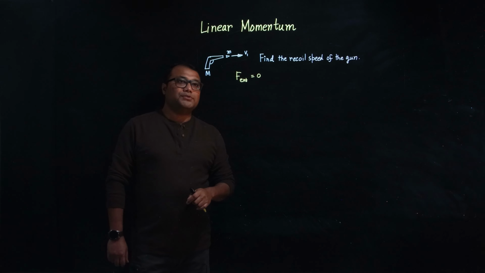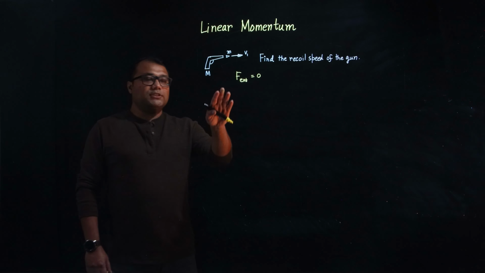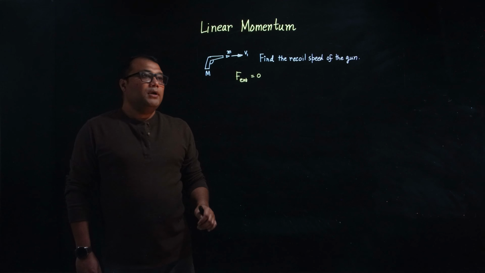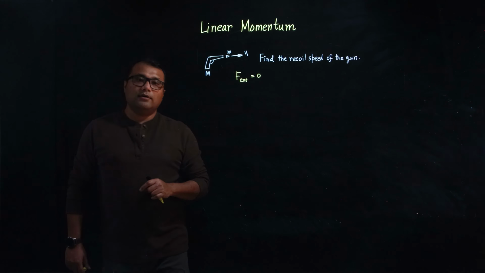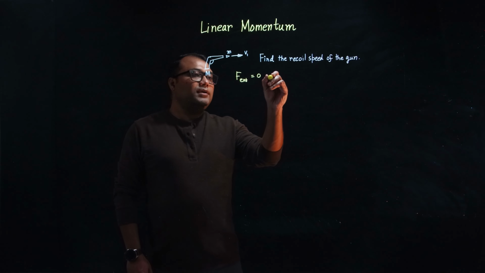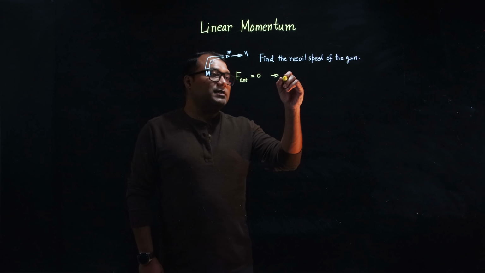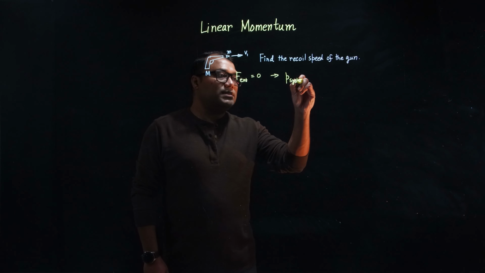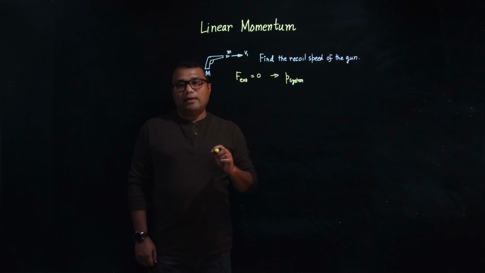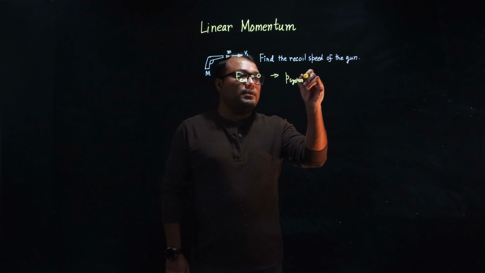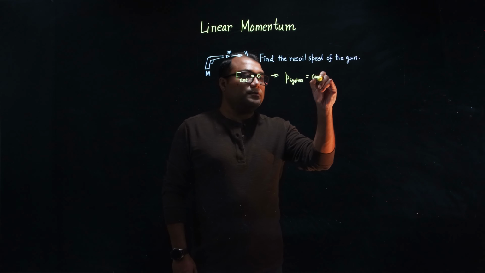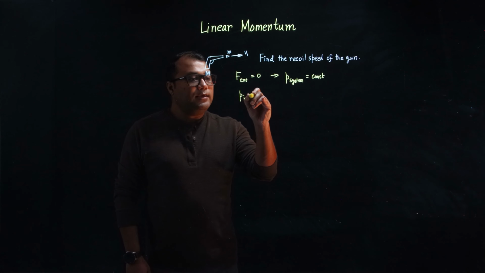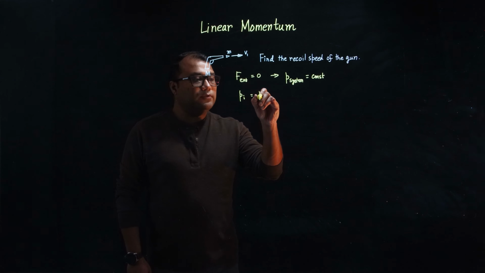Gravity is an external force. But let's just consider in one dimension. Okay, external force is 0. Now, if the net external force is 0, then momentum is conserved. So P of the system, here our system is the gun and the bullet together, is constant. So therefore, we can write Pi, initial momentum, should be equal to the final momentum.